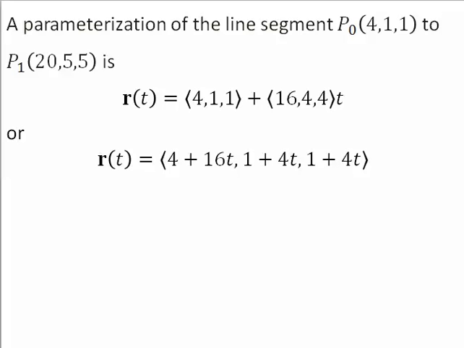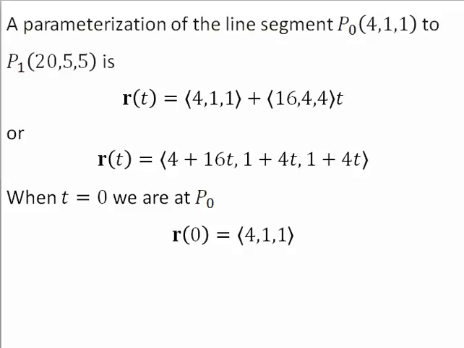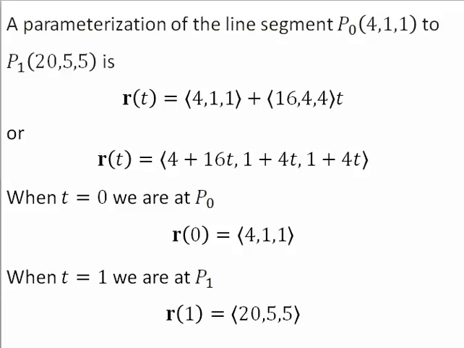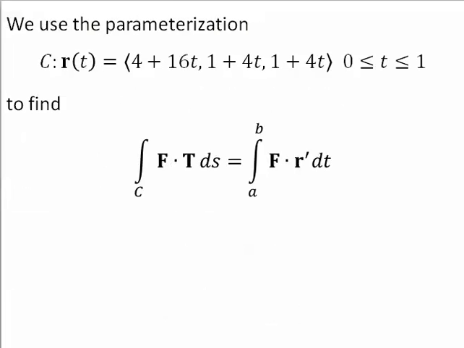Now notice that when t equals 0, we are at our starting point (4, 1, 1), and when t equals 1, we are at the end of the line segment (2, 5, 5). So our parameterization has t running from 0 to 1.